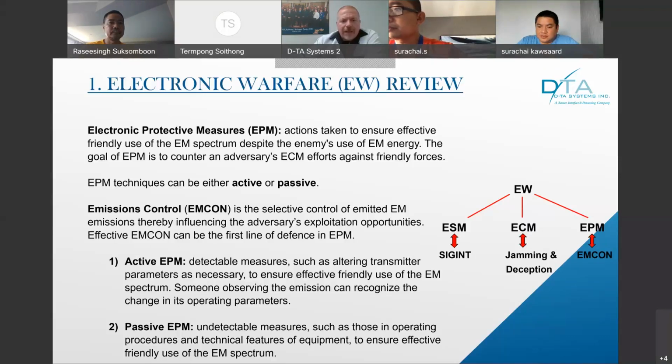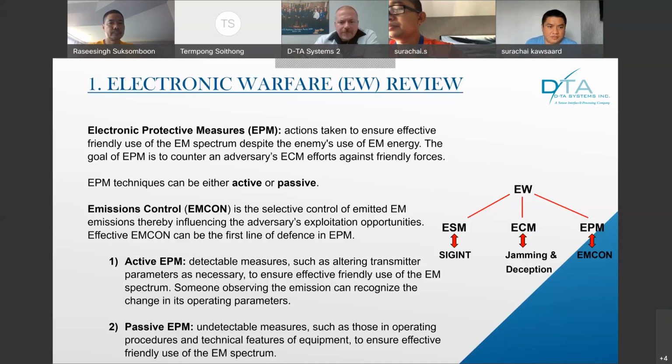Emissions control, or EMCON, is the selective control of emitted EM emissions, thereby influencing an adversary's exploitation opportunities. Effective EMCON can be the first line of defense in electronic protective measures.